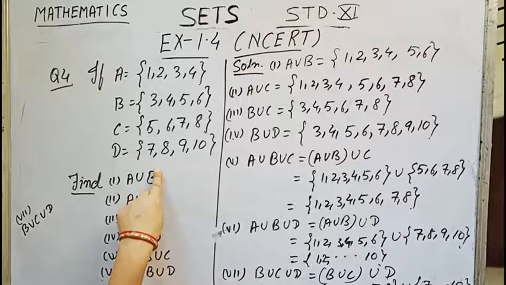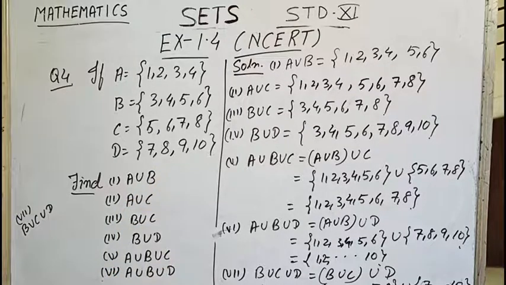So this will be equal to the set containing 3, 4 up to 10. So I think children you can do it easily on your own as well. So let us come to question number 5.